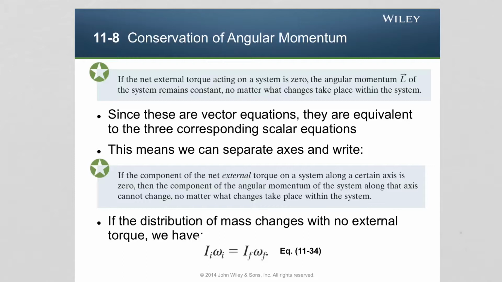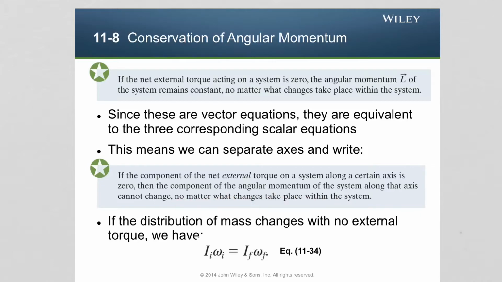Since these are vector equations, and in general they are three-dimensional equations, we can separate along each coordinate axis and restate the above statement as: if the component of the net external torque on a system along a certain axis is zero, then the component of the angular momentum of the system along that axis cannot change. And that doesn't matter what changes take place within the system.